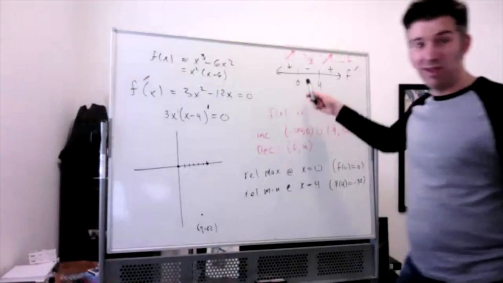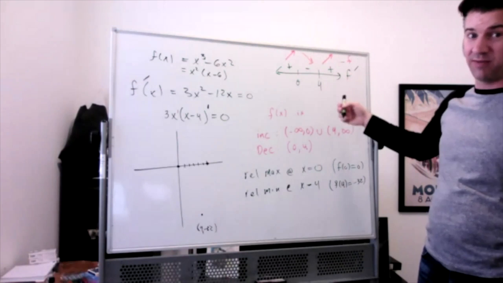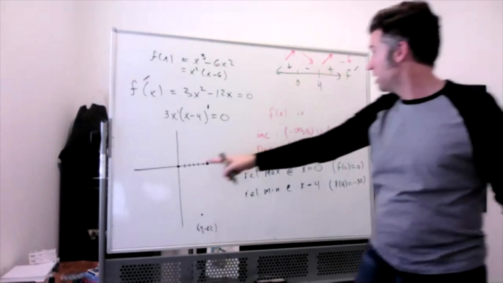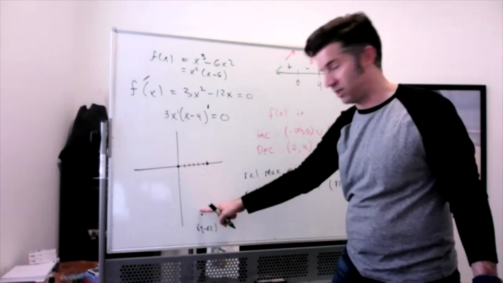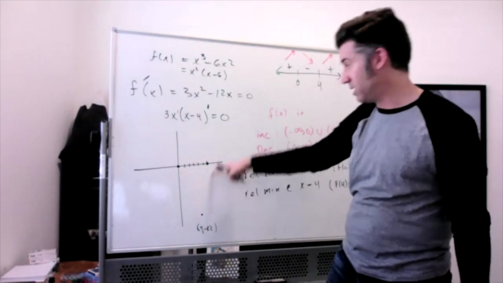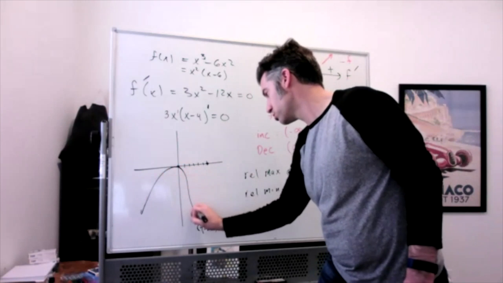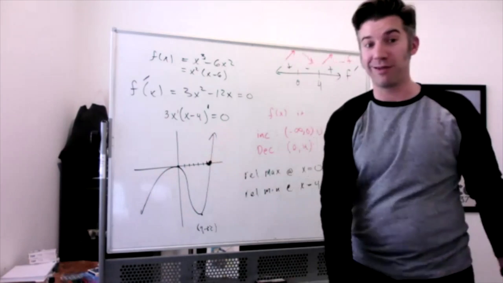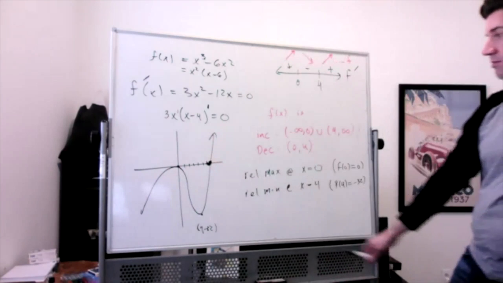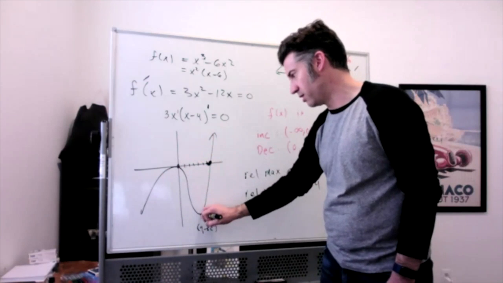And so I really like this sign chart for graphing because the first derivative sign chart really tells me what the function looks like. The function is increasing until I get to 0. It's decreasing until I get to the point 4, negative 32. And it's increasing after that. So it's going to look like this. So, there. Okay, yeah, perfect. Increasing, relative max, decreasing, relative min, increasing.